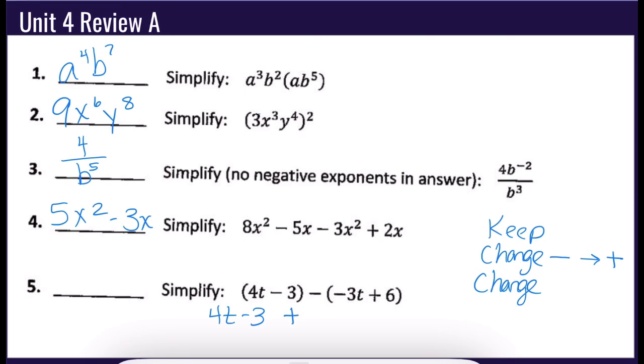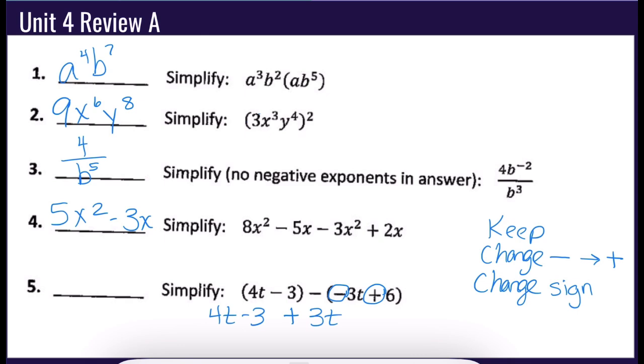But in order to do that, we have to change the signs of everything that comes after that subtraction. So we have to change this sign and that sign. So instead of a minus 3t, it's going to be a plus 3t, or we could just say 3t.